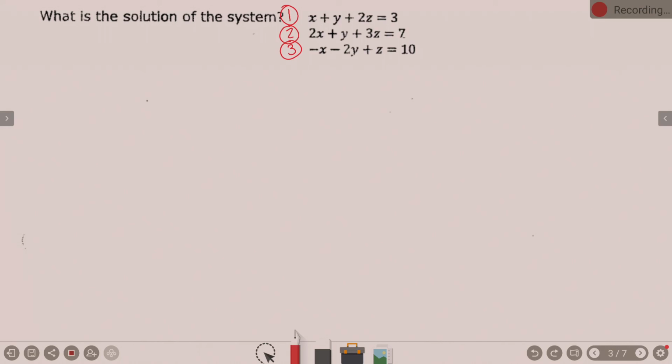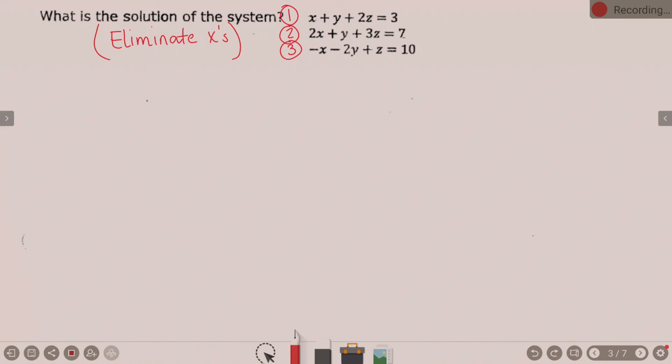I'm fine with eliminating x's. Realize we have to eliminate whatever variable we pick twice, right? So there's going to be some multiplication involved this time. We've been able to avoid that at the beginning of each problem so far, but we're going to have to do some multiplication. It's still typical elimination.